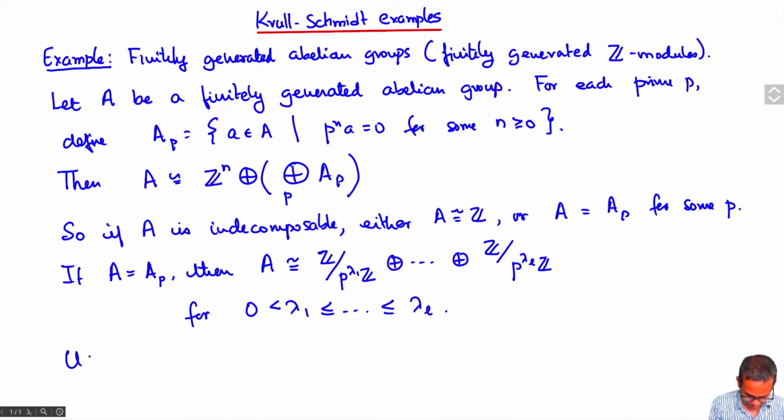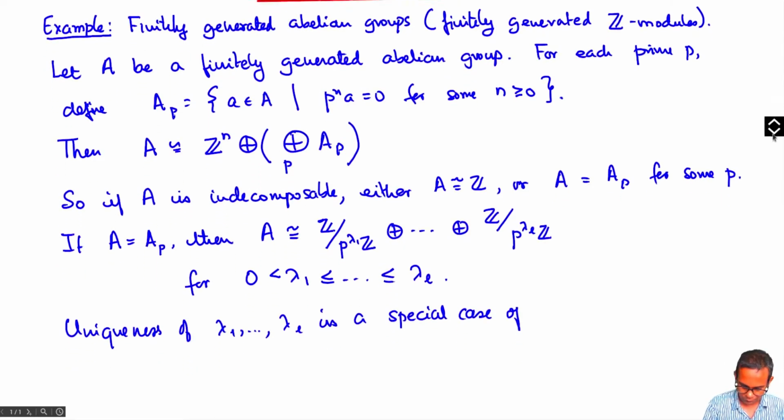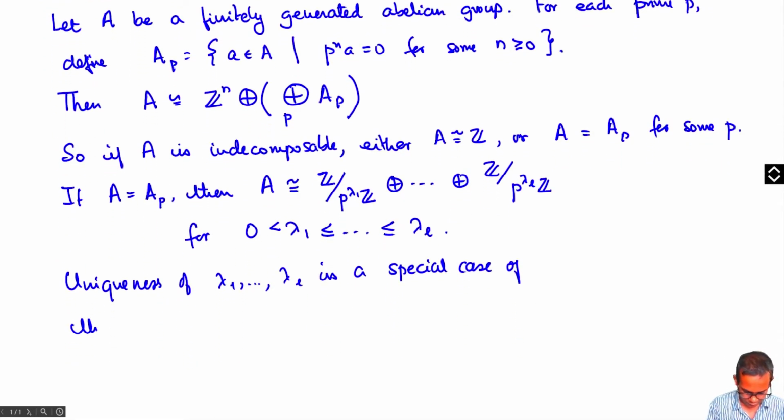So uniqueness of lambda 1 to lambda L is a special case of the Krull-Schmidt theorem.